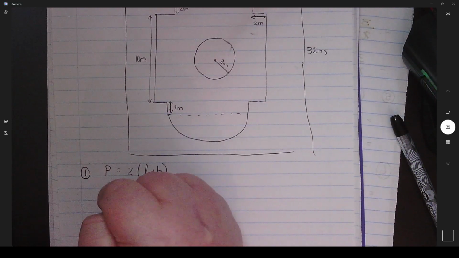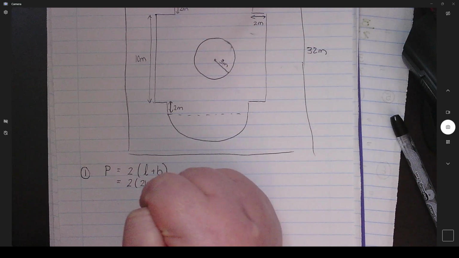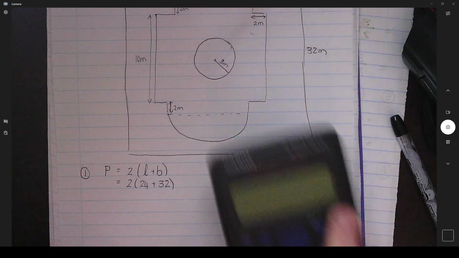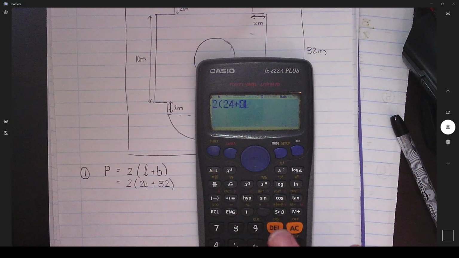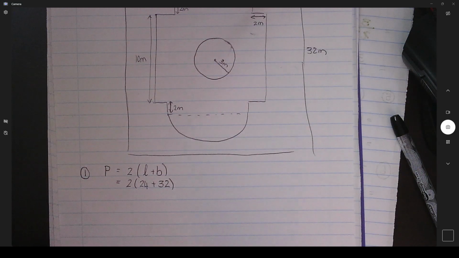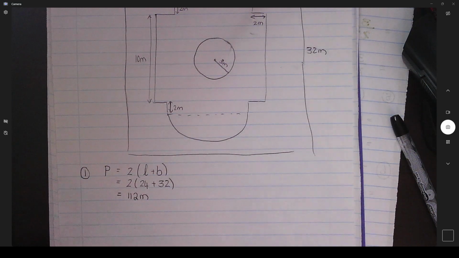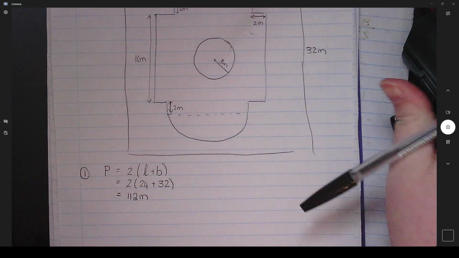We're just going to substitute that into our formula, 24 and 32. And then you type it into your calculator or work it out by hand. It gives you 112. It is going to remain meters because we're just calculating a length of fence.